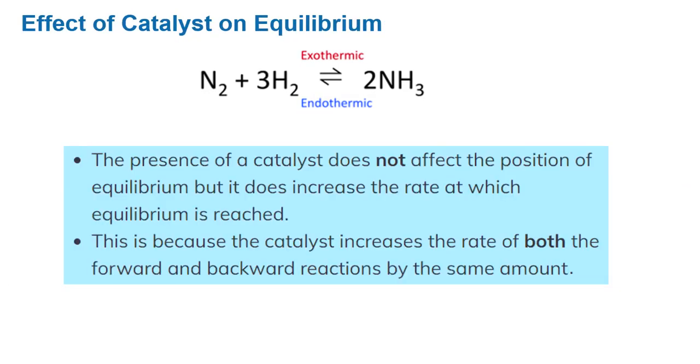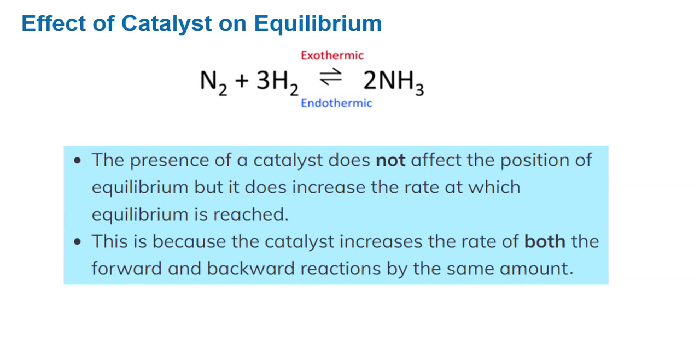Effect of catalyst on equilibrium. The presence of a catalyst does not affect the position of equilibrium, but it does increase the rate at which equilibrium is reached. This is because the catalyst increases the rate of both forward and backward reactions by the same amount.